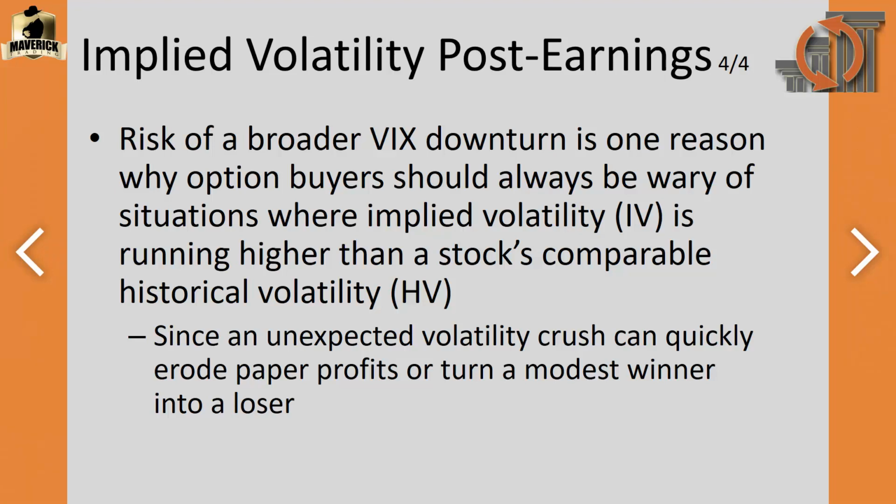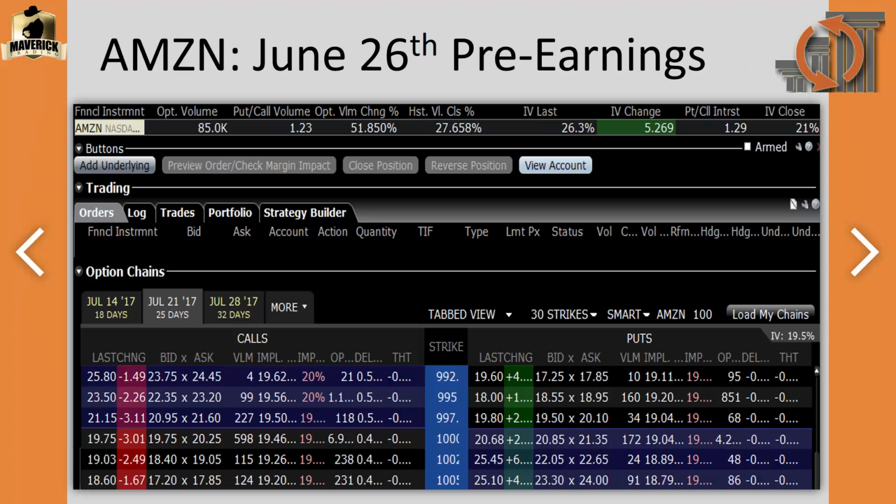So there's two numbers that you can look at in any situation. You can look at the historical volatility and the implied volatility. So I pulled Amazon. Now, Amazon reports earnings on June 26th. The historical volatility is at 27%.